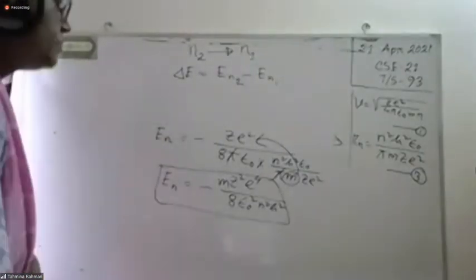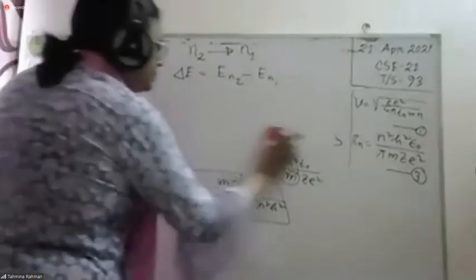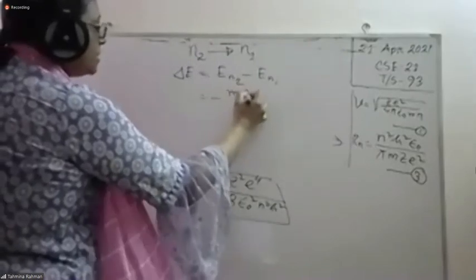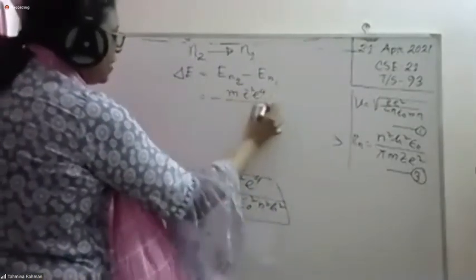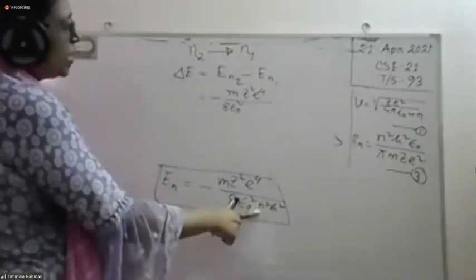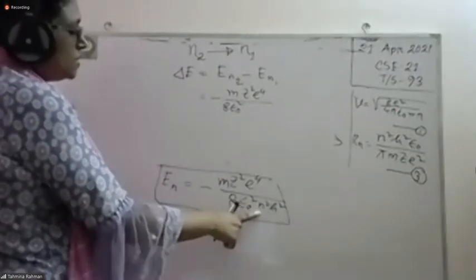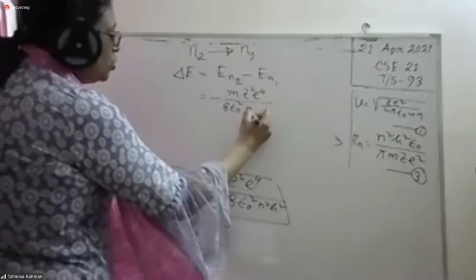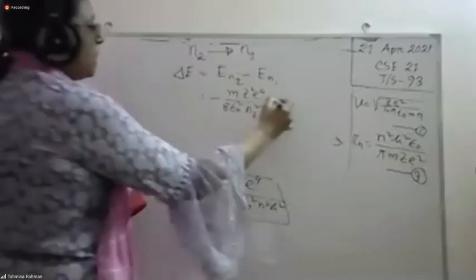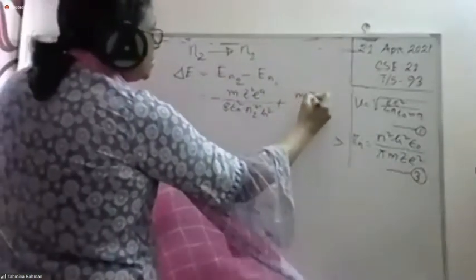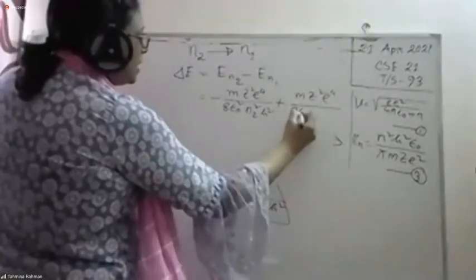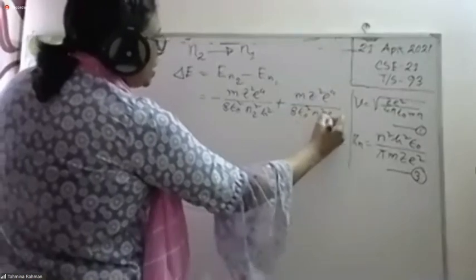Now using this expression, we will put it into the equation. Just using this expression here, what can we write? We can write minus m Z squared e to the power 4 divided by 8 epsilon naught squared n2 squared h squared, plus m Z squared e to the power 4 divided by 8 epsilon naught squared n1 squared h squared.